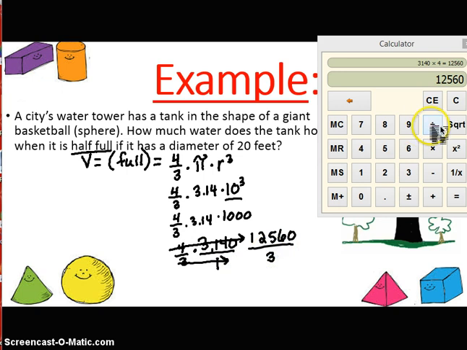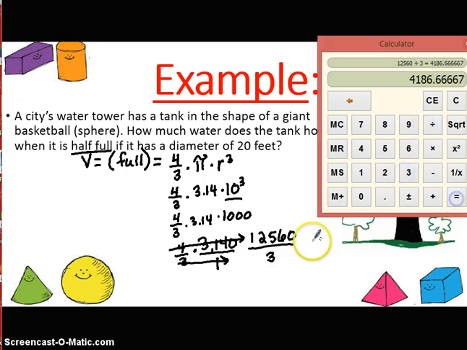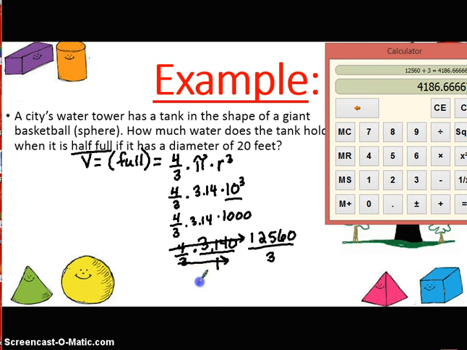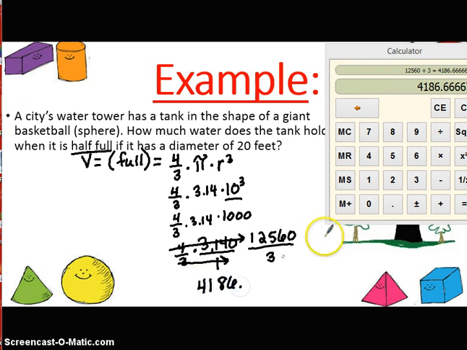If we take that amount, divide it by 3, that tells us how many cubic feet of water the tank can hold. So we get 4,186 and we see that repeating decimal, we'll round it to the 7. That's how many cubic feet a full tank will hold.